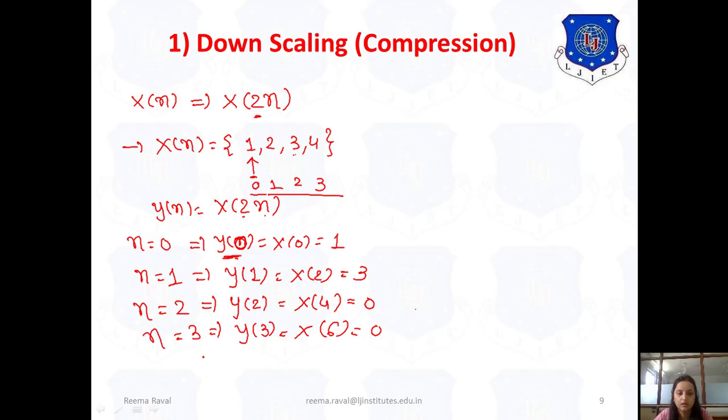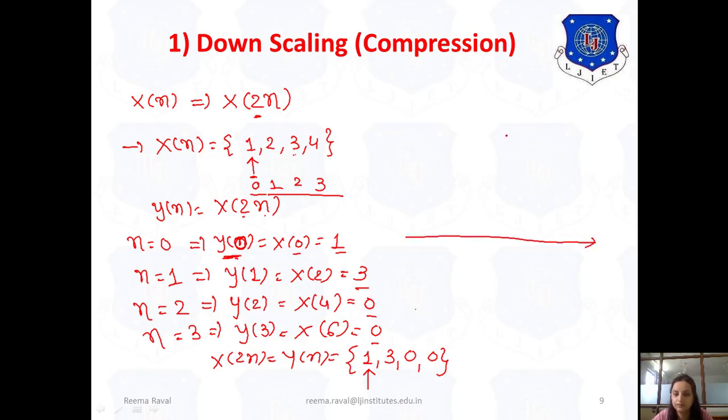So this is the signal which we have obtained, that is x of 2n or else y of n. It is given as what? 1, 3, 0, 0, right? Here the 0 value indicates the initial position, so the arrow will be here. Okay, so if we want to plot this signal, how will it look?